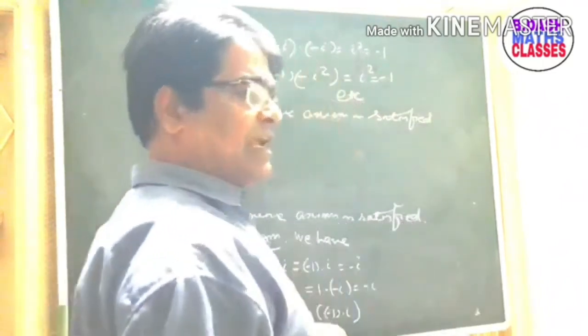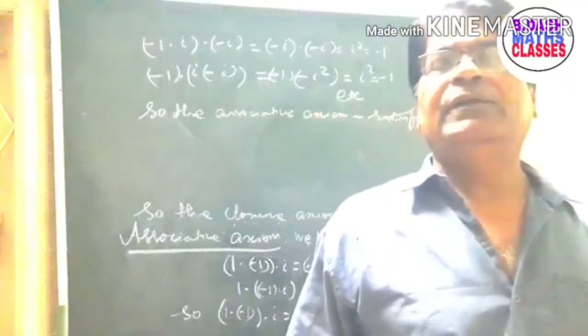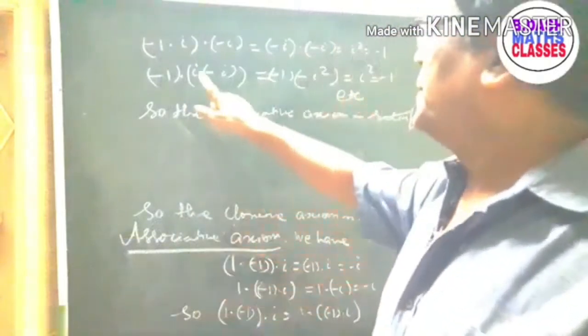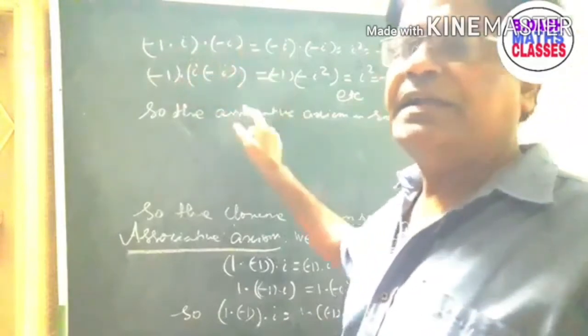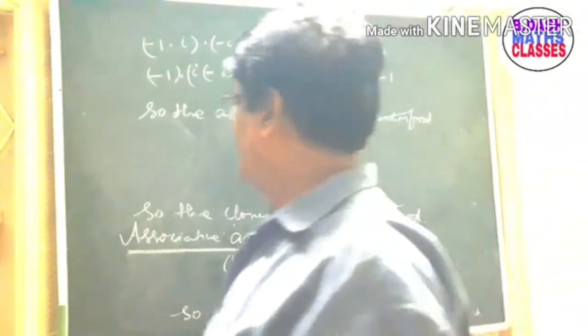It means any three elements you can take, you perform the associative condition, you will find they are equal for this group.